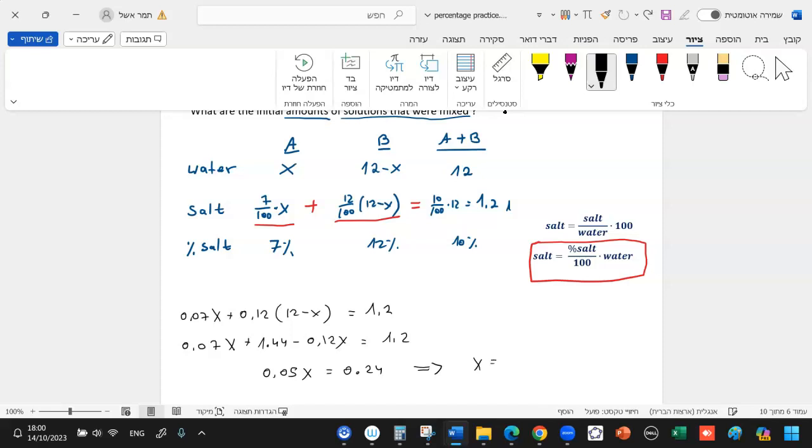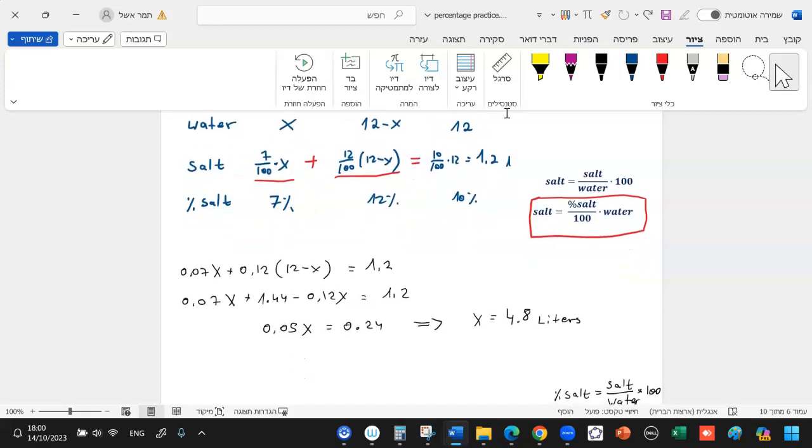That is, x equals 4.8 liters of solution A. And for B, this is 12 minus x, just 7.2 liters for solution B. And these are the amounts of solutions.